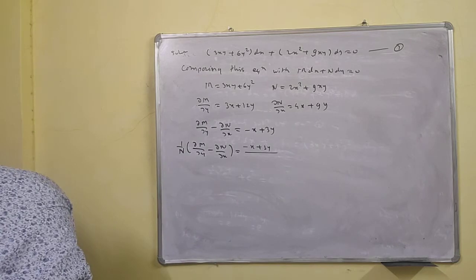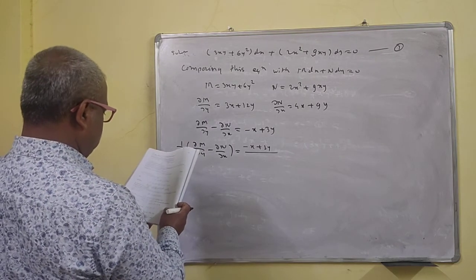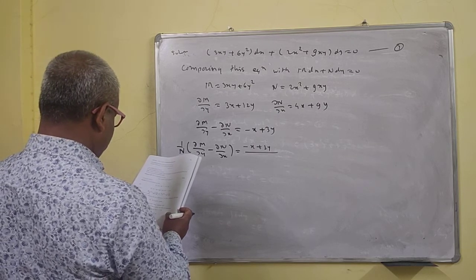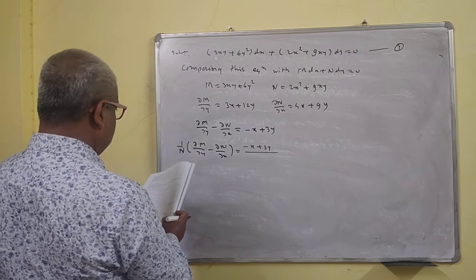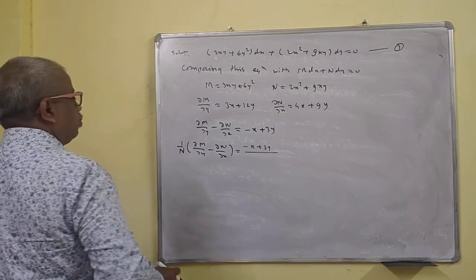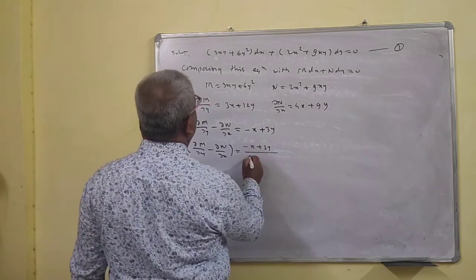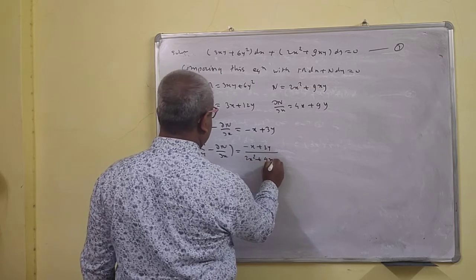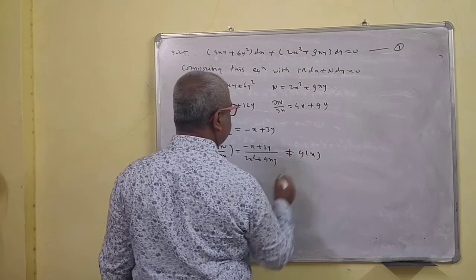Something is wrong here. Okay, so here what? Upon n is what? Twice x² plus 9xy. Okay, so this is not a function of x.